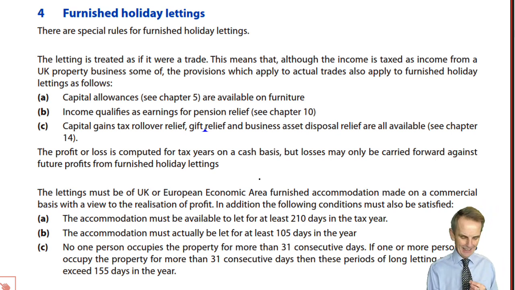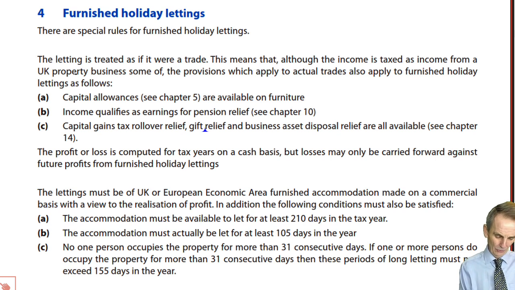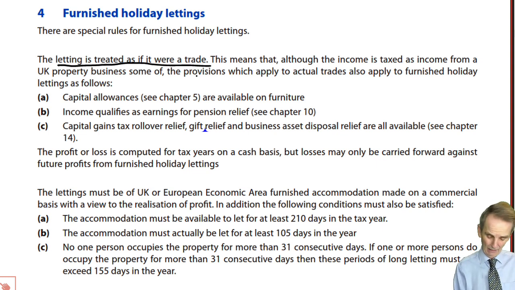And because it smacks of trading, we get some of the benefits of what happens in terms of dealing with trading income as compared to just the property business income. So what are these special rules? As we've just said, the letting is treated as if it were a trade, again because there's more work involved.